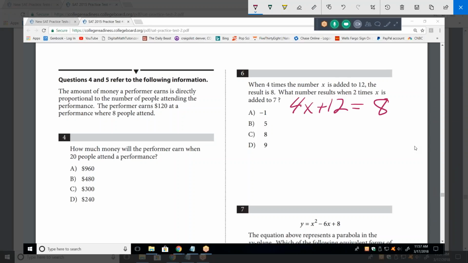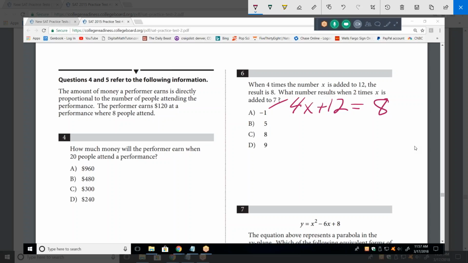What number results when 2 times x is added to 7? So what do we have to do first? Make another equation? No, you got to solve that equation for x. In other words, when you have one equation and there's only one variable, you can always, 100% of the time, solve for it. So let's solve for it. Okay.